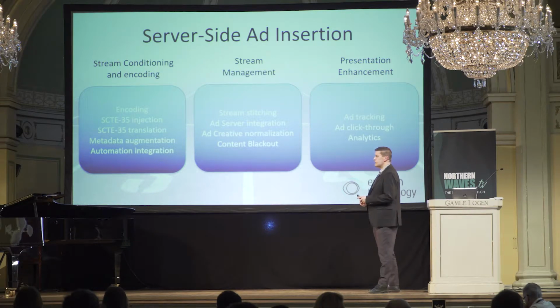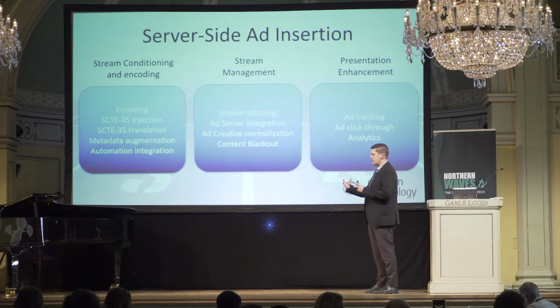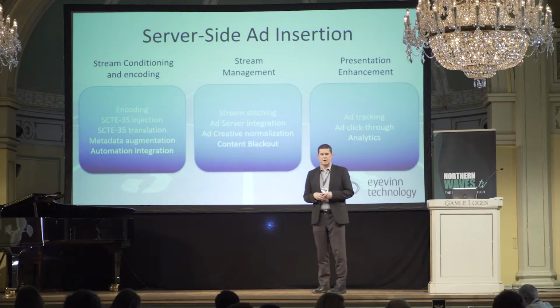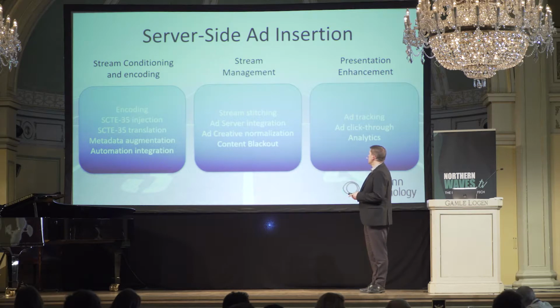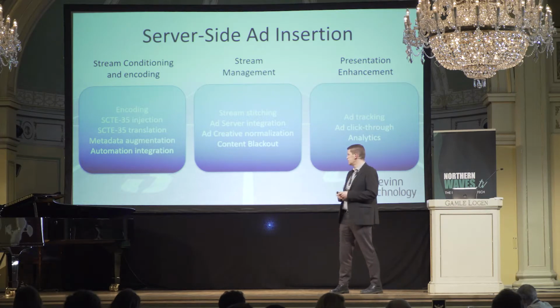The middle part is the stream management. It's where you do the stitching. So you have a box in the middle of the network that takes the original manifest and the original stream. They stitch in the commercials. They do the ad server request to figure out what ads should be shown to this particular user.